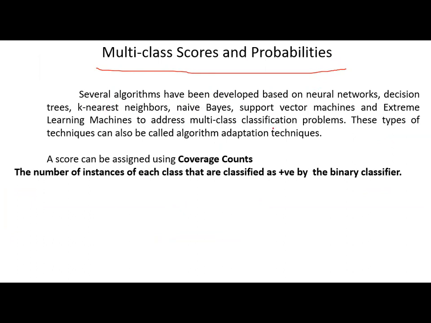Several algorithms have been developed based on neural networks, decision trees, k nearest neighbors (KNN), naive Bayes, support vector machines (SVM), and extreme learning machines to address multi-class classification problems. These techniques can also be called algorithm adaptation techniques.